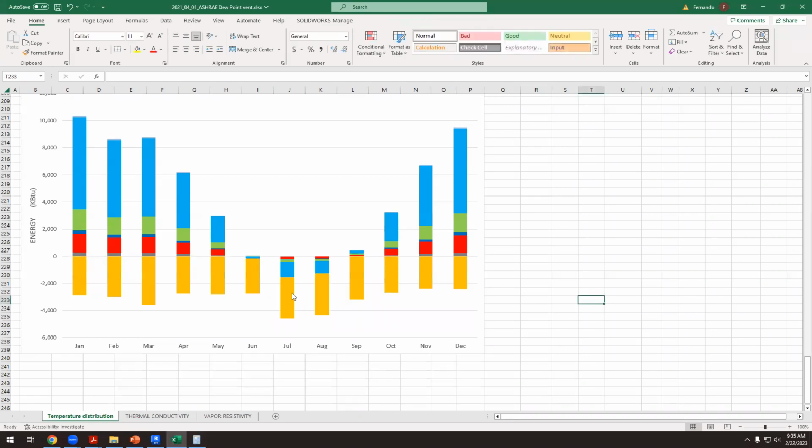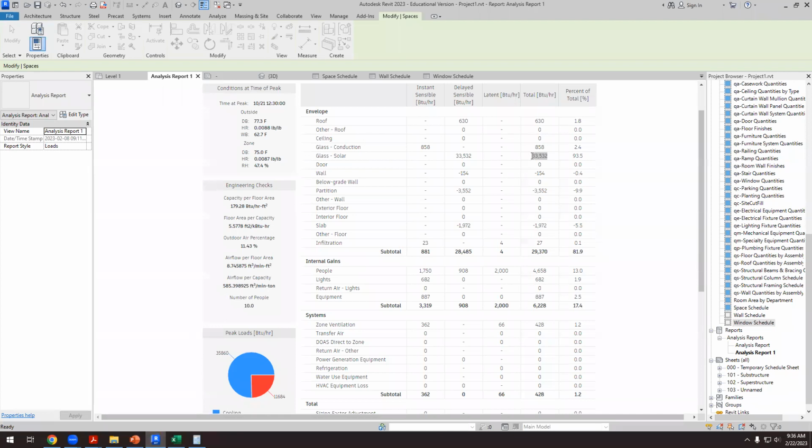So this is what that means. But looking at this picture gives us more information, because gaining heat from the sun in winter is something positive. In Revit, we don't have this feeling. We only know that in summer, or in cooling conditions, glass solar is terrible.